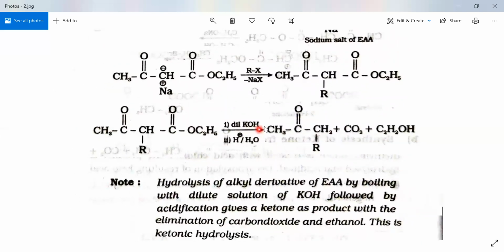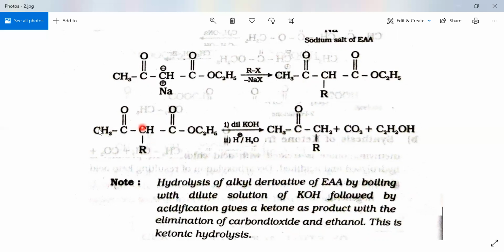In the next reaction, the alkyl derivative is treated with dilute potassium hydroxide and then acidified. By acidification, it is acid hydrolysis, where the acid acts as a catalyst. The acid gives out H+ ions, which help in the hydrolysis.